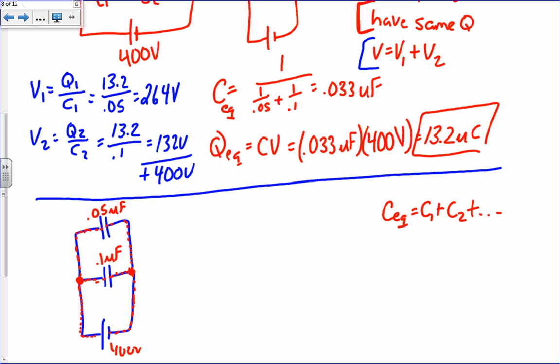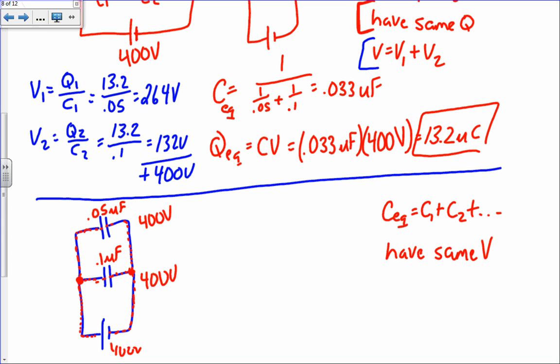Capacitors in parallel have the same voltage, and that's all that's really relevant here. So these two capacitors have the same voltage, so they both have 400 volts.